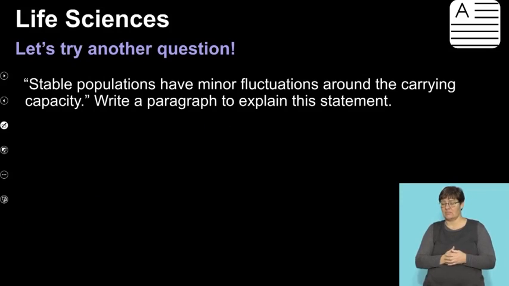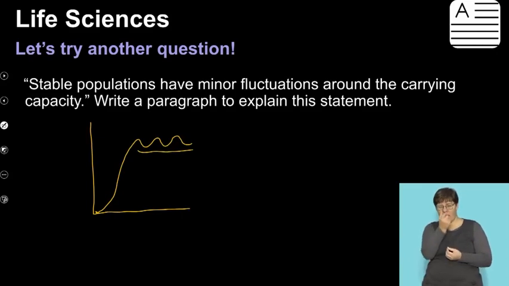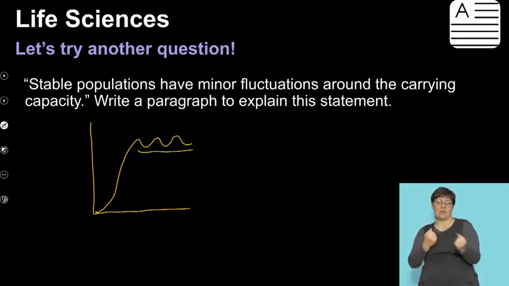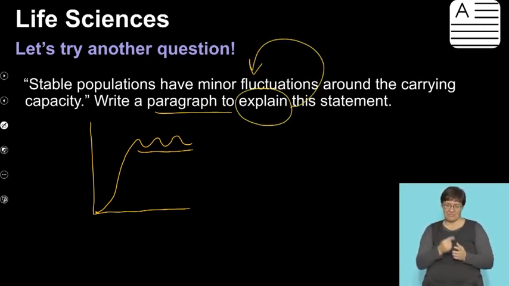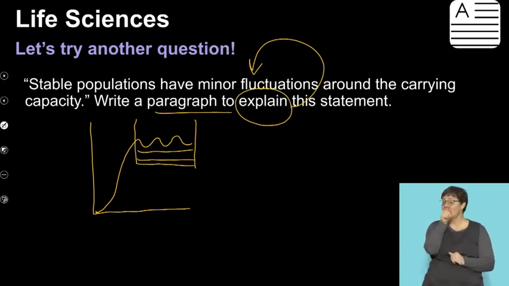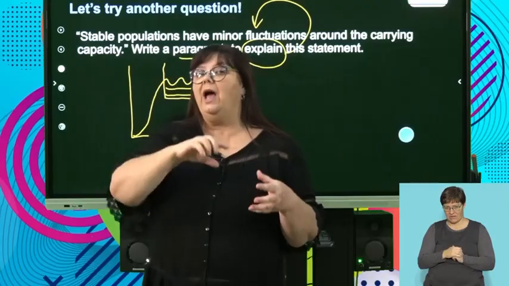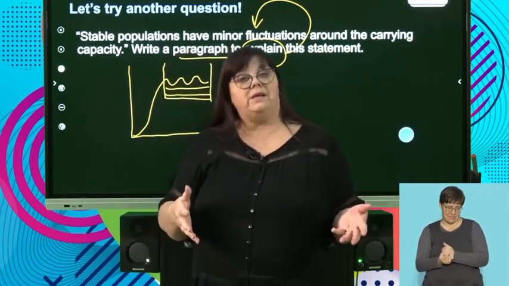And if we tried another question, we could see stable populations have minor fluctuations around the carrying capacity. This is your job. I've got a stable population with minor changes around a carrying capacity. Write a paragraph to explain the statement. So you would have to pick on this part of the graph and you would have to write a paragraph in which you explain how those fluctuations come about and what is causing those fluctuations.